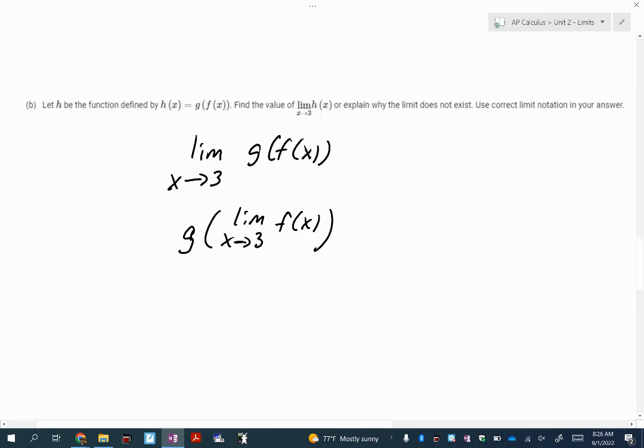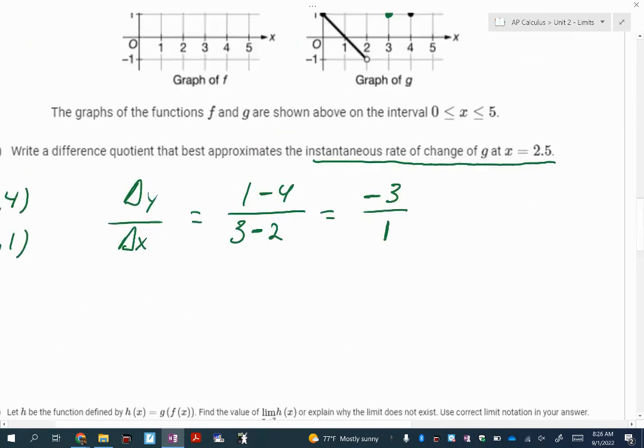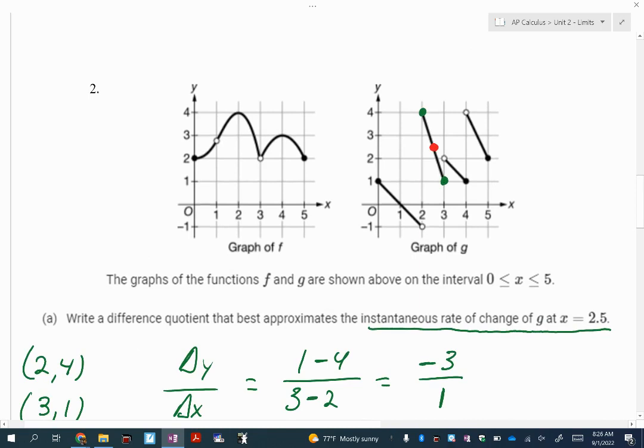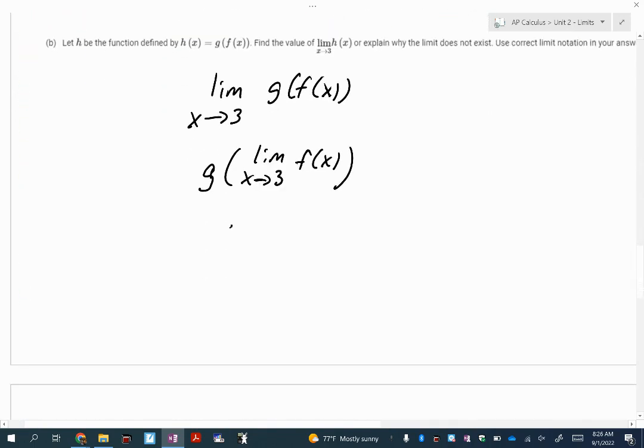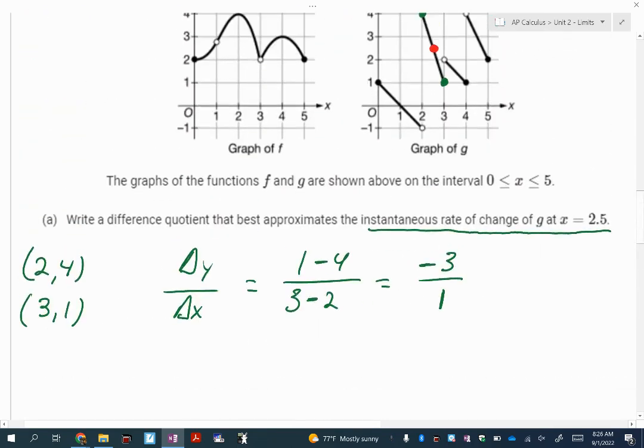Okay, so let's find the limit first as x approaches 3 of f of x. So I'm looking at my f of x function. As I approach 3 from the left, I'm approaching 2, and from the right I'm approaching 2, so the limit as x approaches 3 of f of x is 2. Again, just to confirm, yes, it is 2.